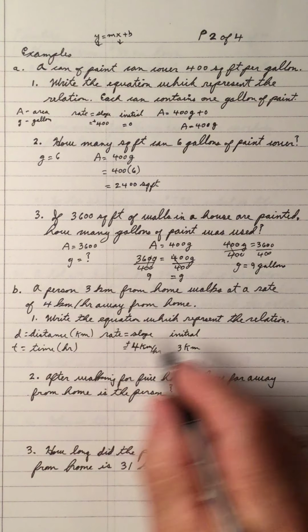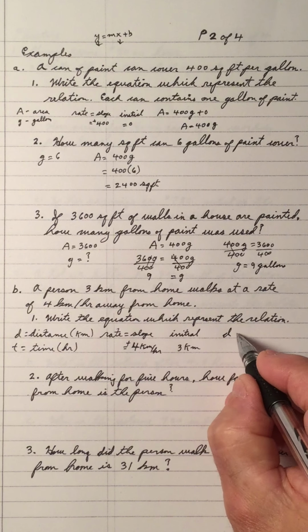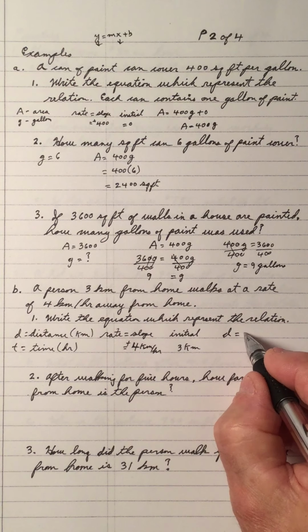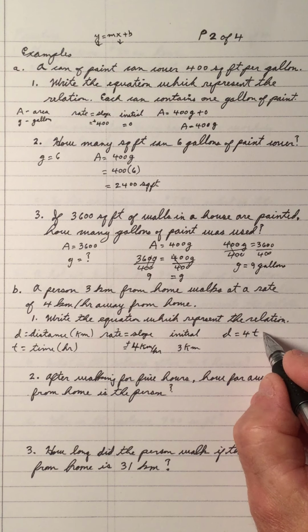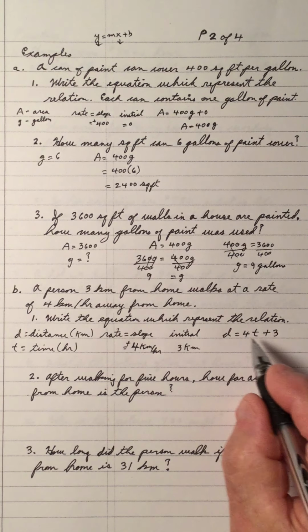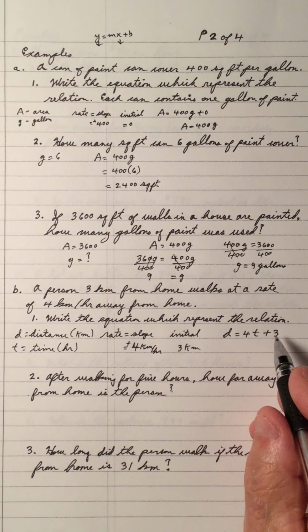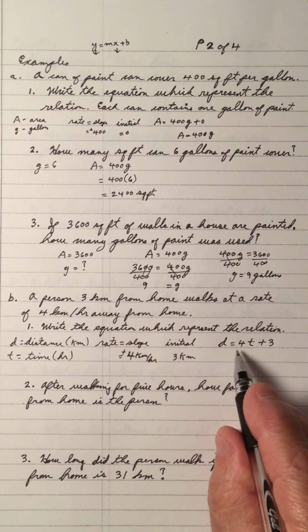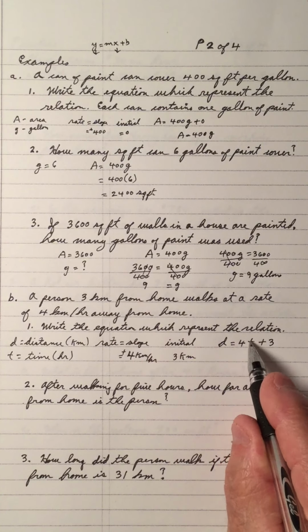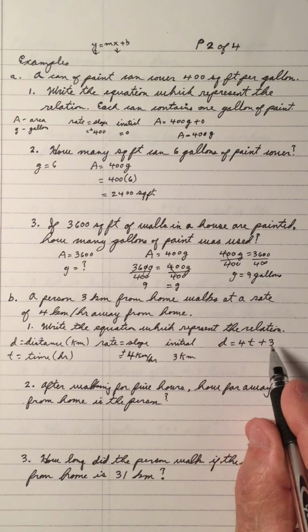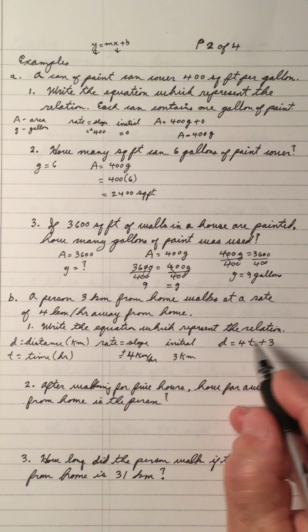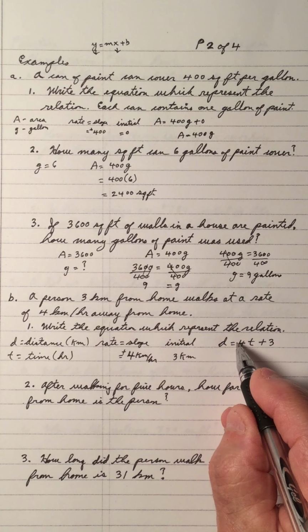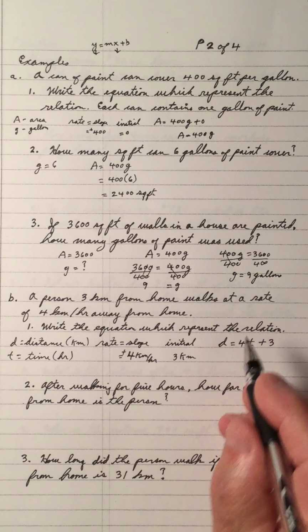So the equation is distance, that's your y, your slope is 4, and you got time, and the initial value is 3. So you're starting off at an intercept or initial value. If time is 0, you put 0 here, you're at 3 kilometers away from home, and because it's a plus, it means you're walking away. If that was a minus, you'd be walking towards your home.